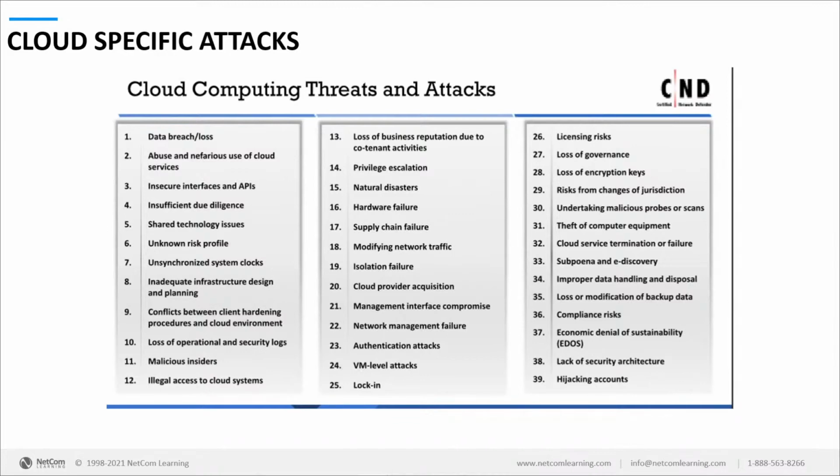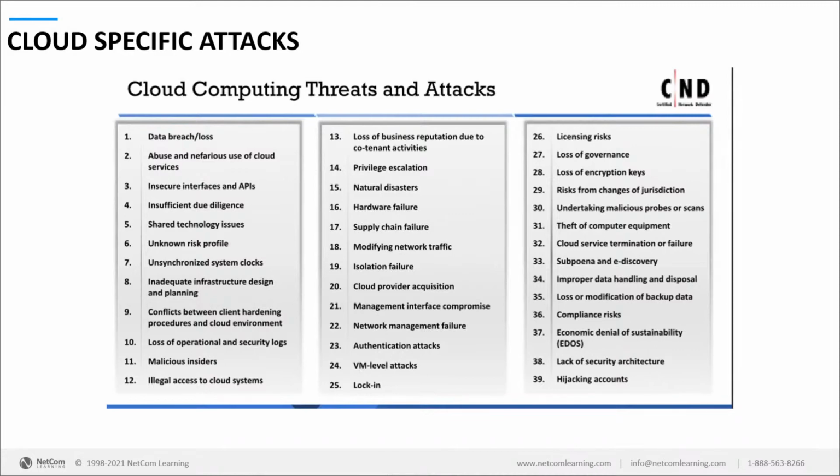Natural disasters, hardware failure, supply chain failure. How about supply chain exploitation? Well, it's a big one today, isn't it? Modifying network traffic, isolation failure. More or less, are you isolated from another party? There's a lot of co-tenancy going on.